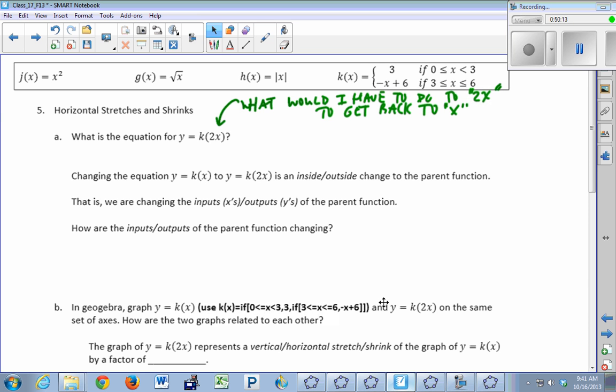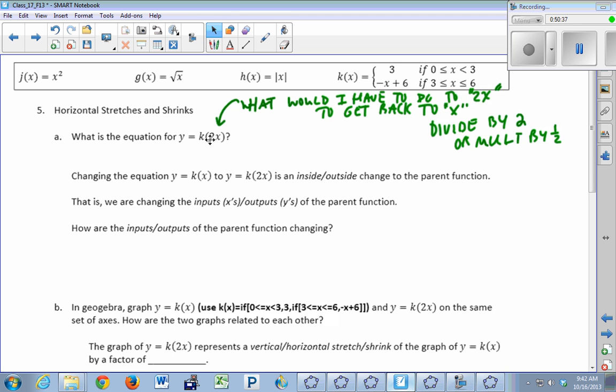What do you have to do to 2x to get back to x? Divide it by 2, right. Divide by 2 is the same thing as multiplying by 1/2. So you'd have to divide all of your x values by 2 or multiply by 1/2. So this means you're getting smaller.